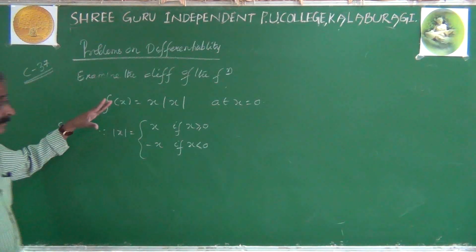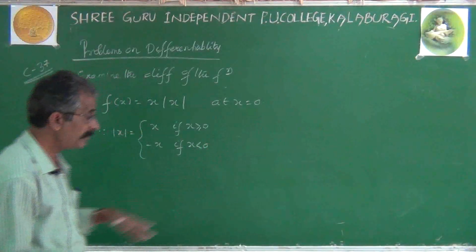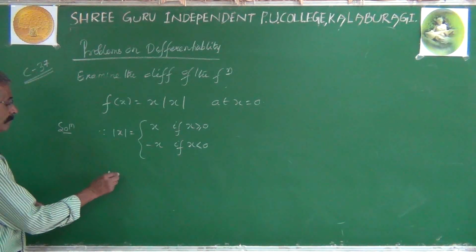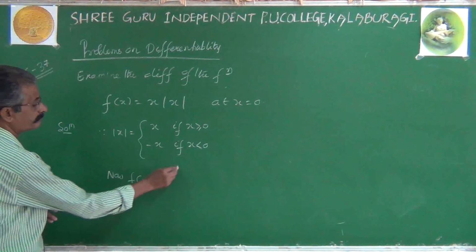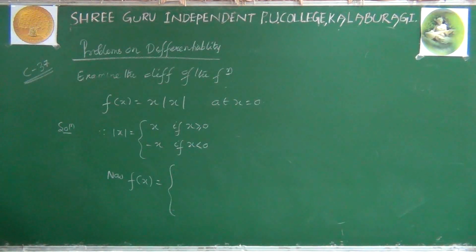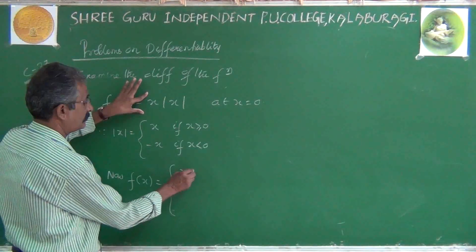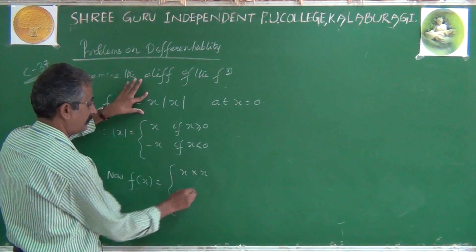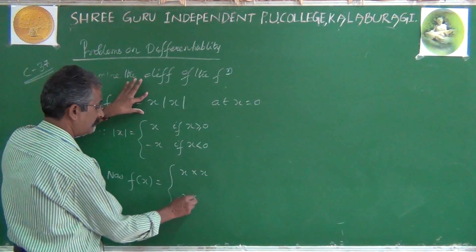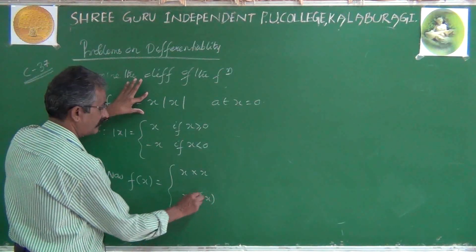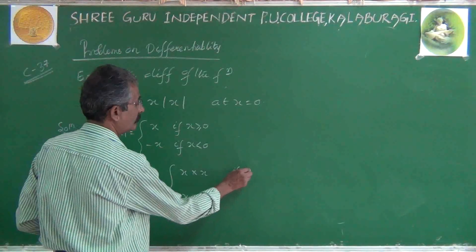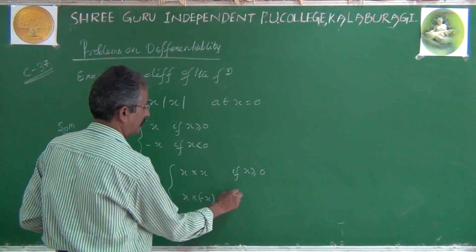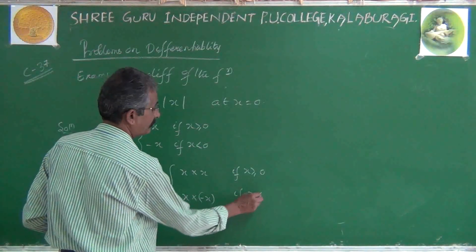Therefore, the given function can be written as f of x equals, bifurcating into two ways, x into plus x if x is positive or equal to 0, and x into minus x if x is negative.